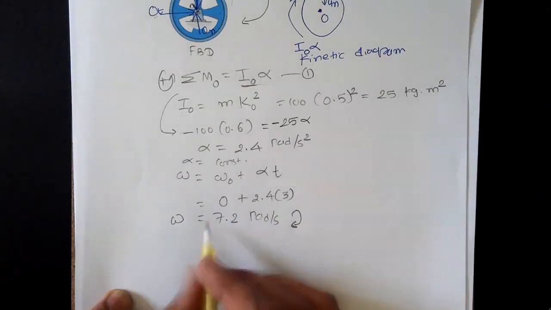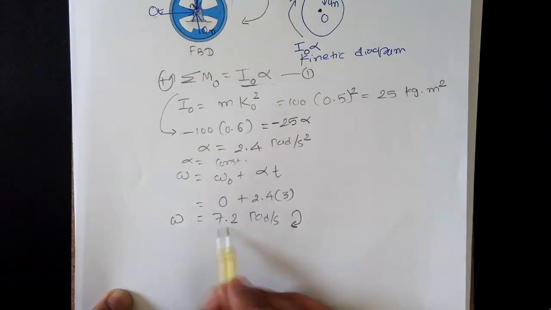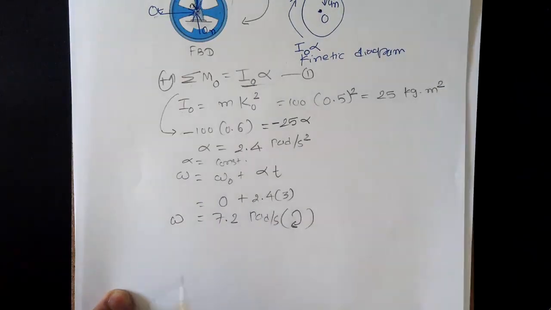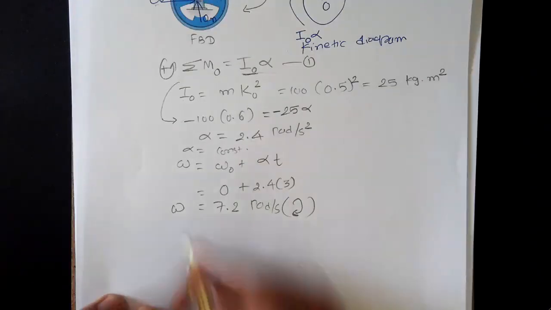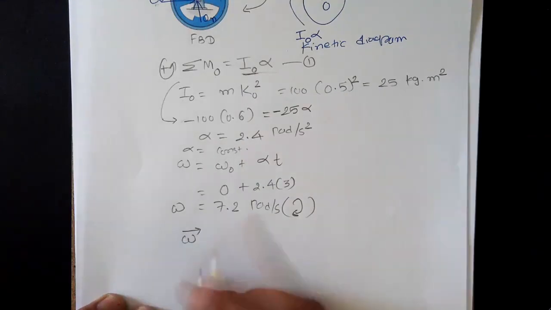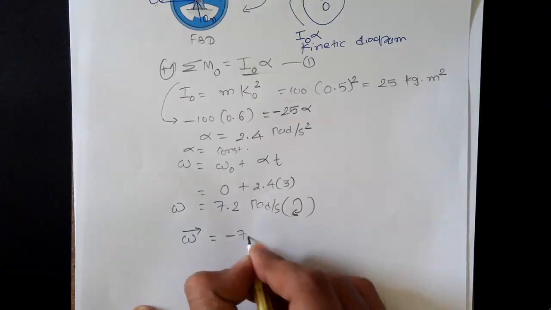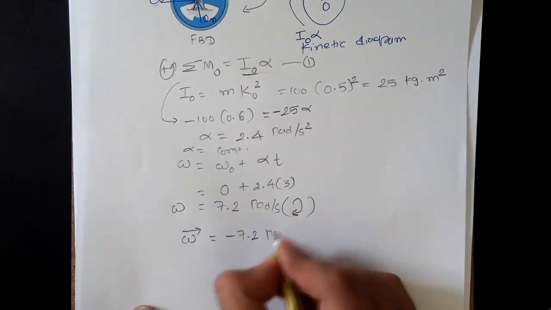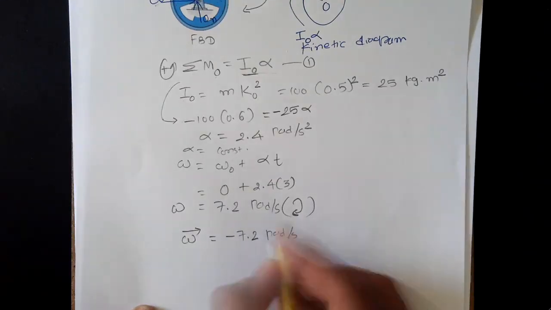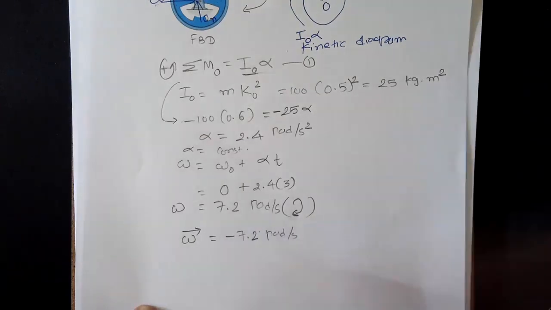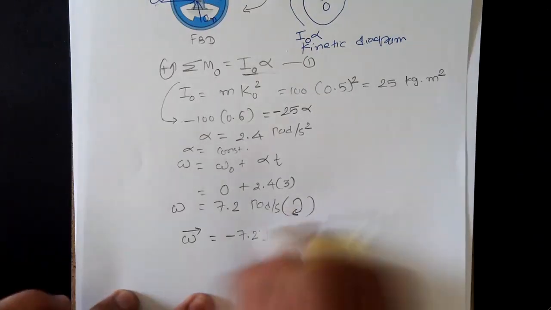So this is the vector representation, that it has both the magnitude and direction. So always put the direction in brackets, or you can write using vector notation that omega is minus 7.2 radians per second. Sorry, I need to put the unit vector first.